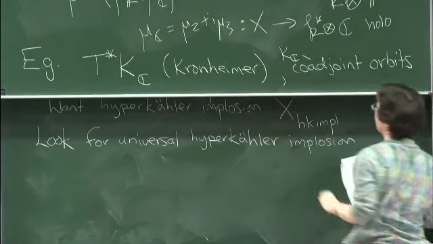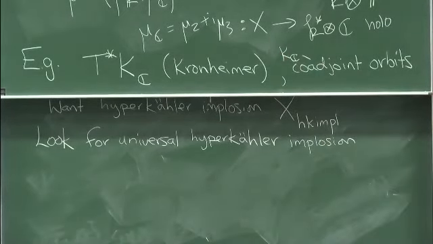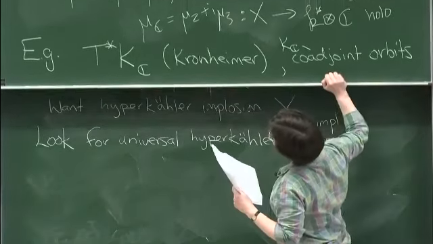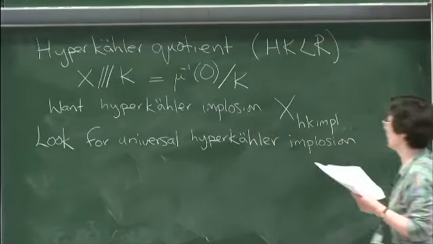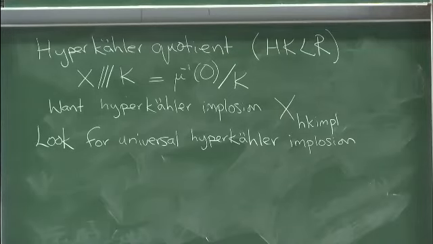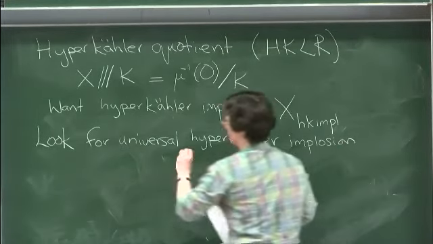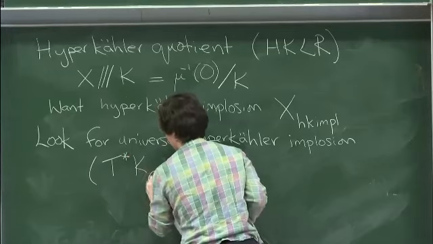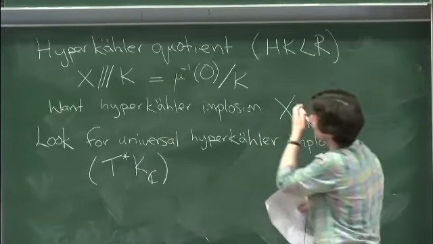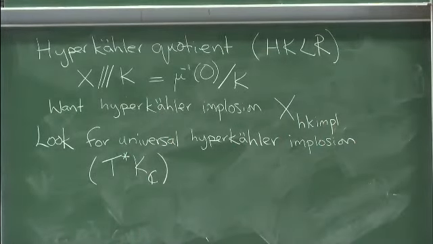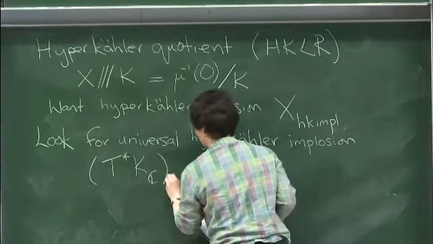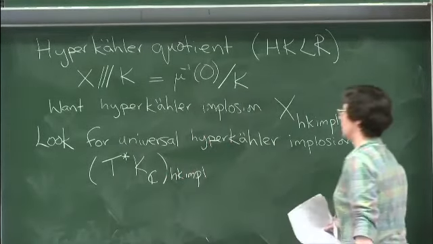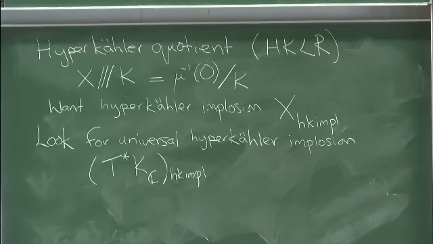Kronheimer and Kovalev, I think, and others showed that these things have Hyperkahler structures. So when we're looking for the universal Hyperkahler implosion, the obvious thing to look for is to take this cotangent bundle of the complexified group and try and find a Hyperkahler implosion of that.